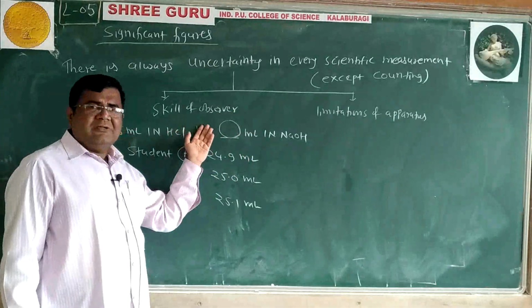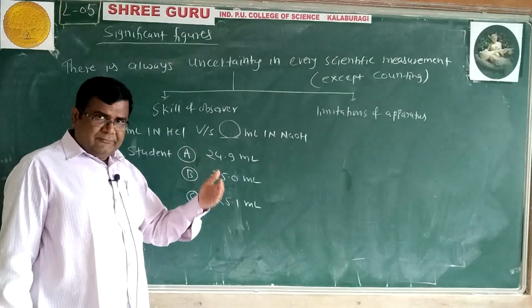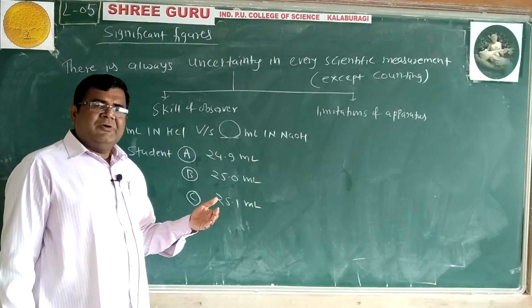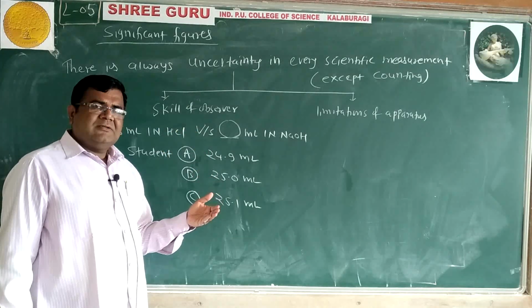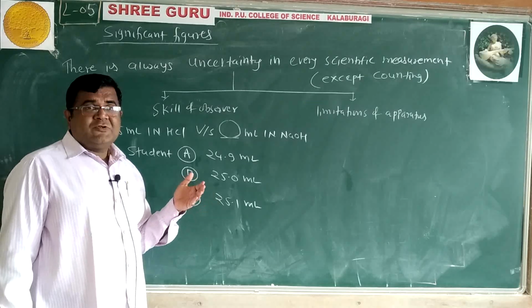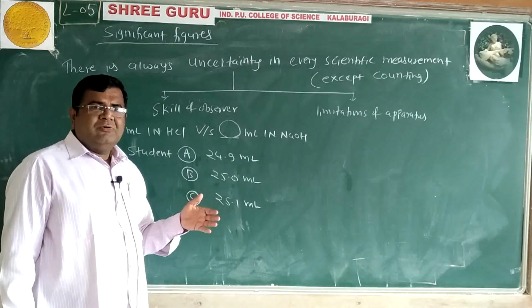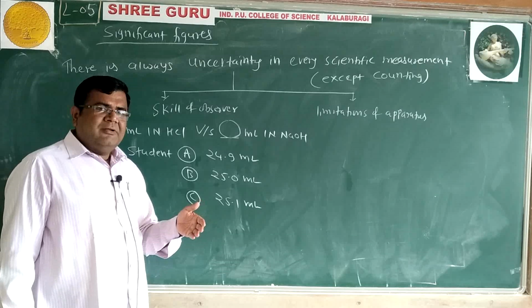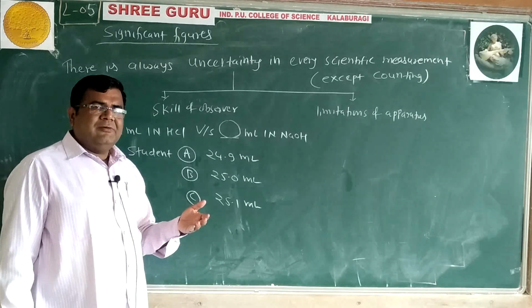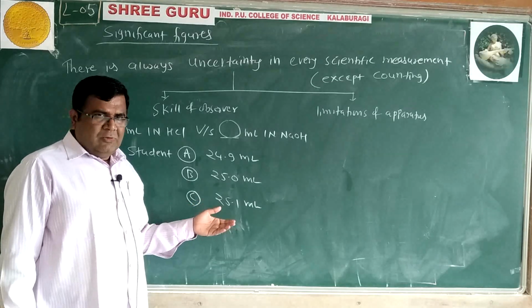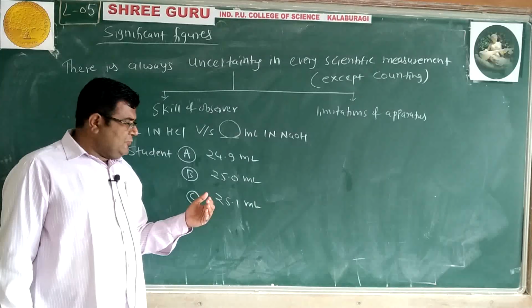Sometimes the observer is not skillful enough to know the reading because it requires tremendous presence of mind. When you do the practical, you will observe that. Already you might have done some practical in your school level syllabus also.